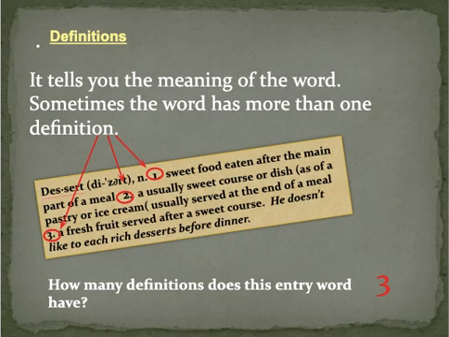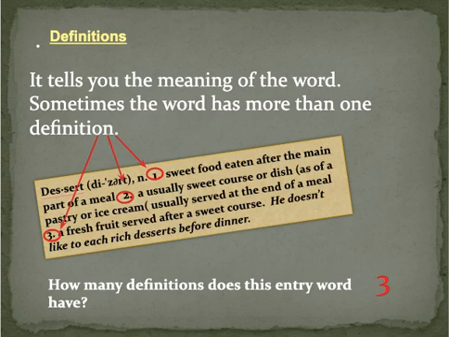Obviously, the main part of the dictionary is going to tell you the definition, the meaning. And just remember that there are going to be multiple meanings. They typically put the meaning that is most often and commonly used in the English language as number 1. So the definition most often used when people use that word is usually going to be definition 1.